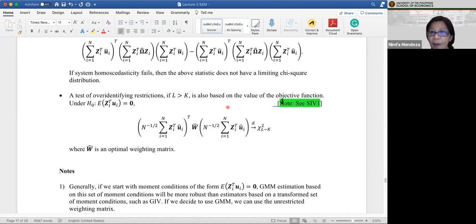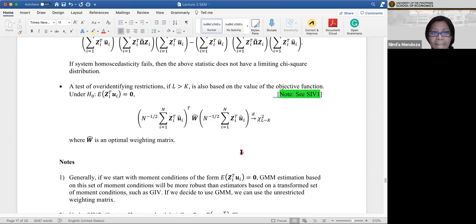Note that under this null hypothesis, which is just the first assumption on the moment condition, this left-hand side here would be asymptotically distributed chi-square, but now with L minus K degrees of freedom. You just substitute whatever W hat you use.